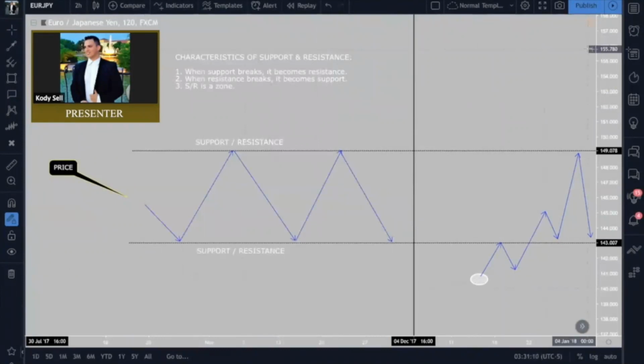And we're not going to get too far into that in this video specifically, because we're going to save that for a different video to really detail that out, but still worthy of noting here for our key characteristics of support and resistance. So now that we've covered some of these really important concepts, let's go back into the market and see what that looks like in the actual chart.